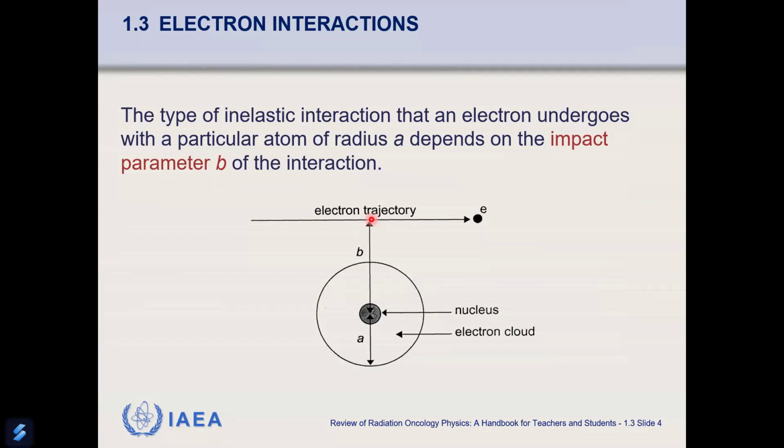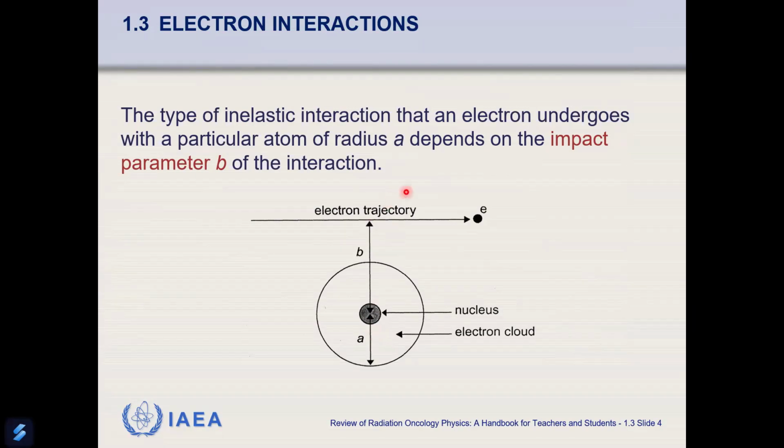Why? Because the closer the electron is to the nucleus, the more it's going to be deflected and the more energy it's going to lose. And ultimately, the more bremsstrahlung energy is going to be released. A is simply the radius of the atom in the absorber or in the medium.